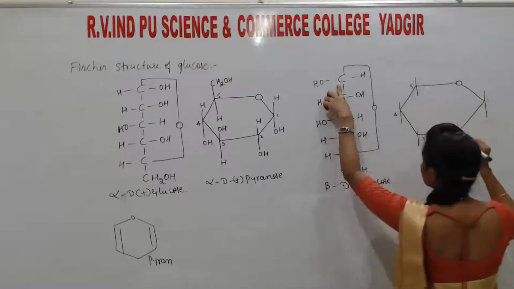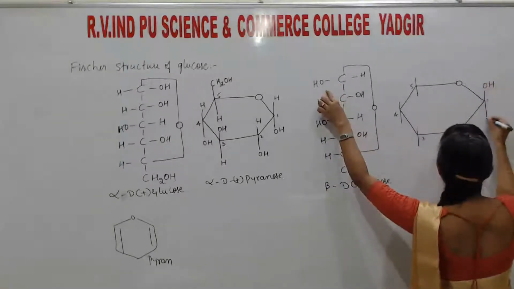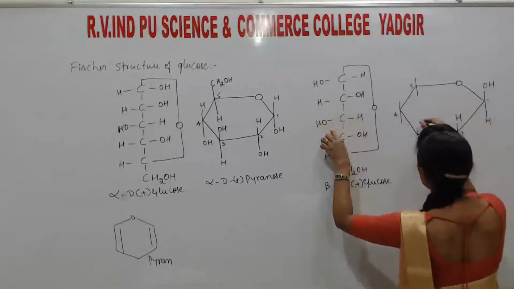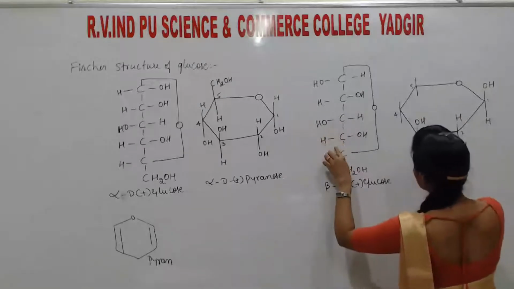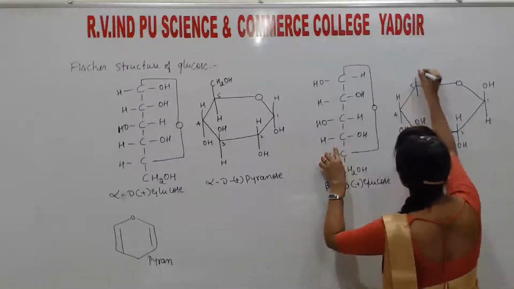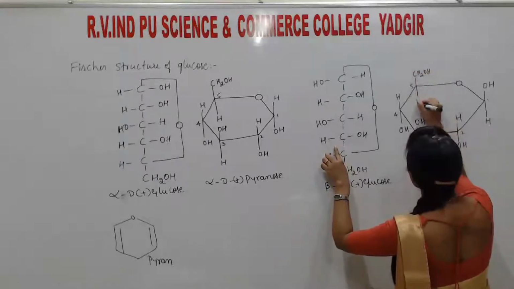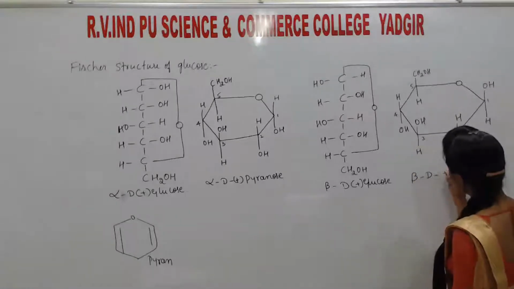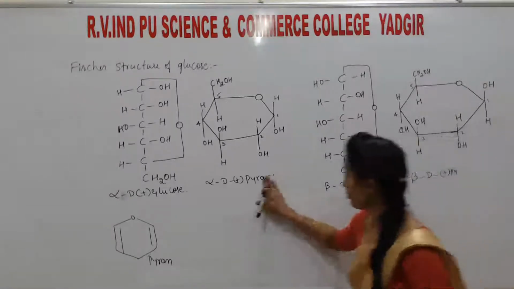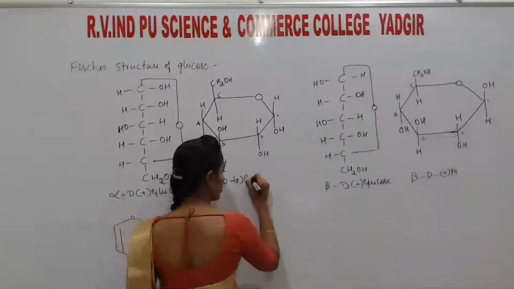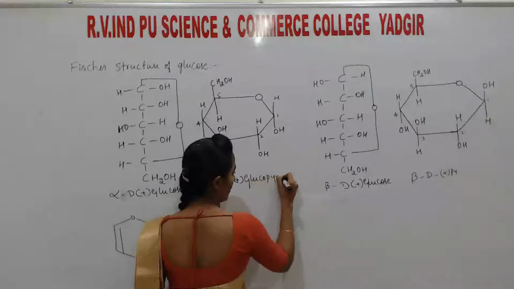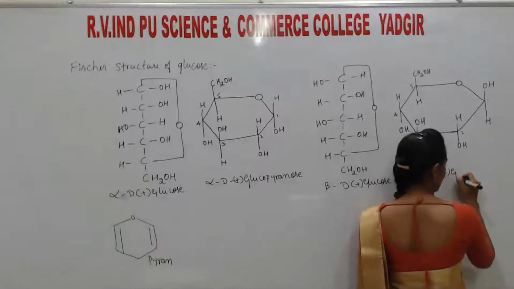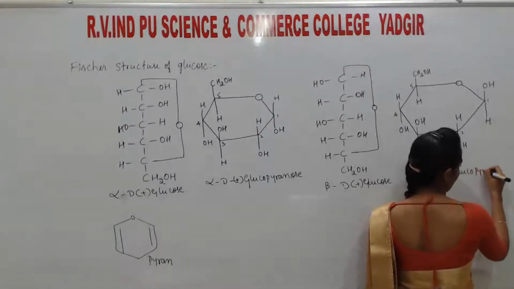For carbon atom 1, here OH is there, here H is there. Next, H, OH. Here OH, H. Here H, OH. Here CH2OH, here H. This one is beta D plus glucopyranose.